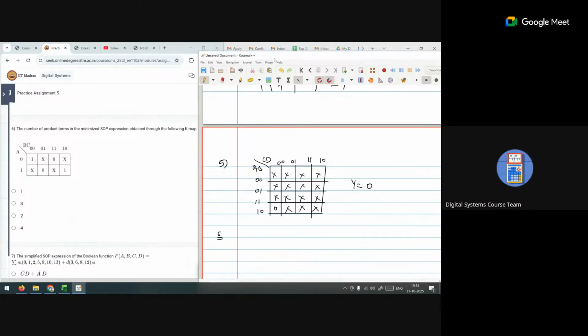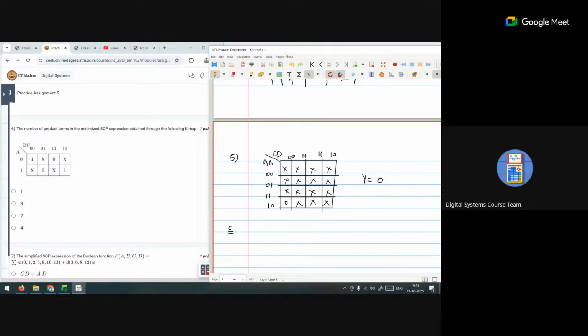The number of product terms in the maximum SOP form. It is don't care, 0, don't care, don't care, 0, don't care, 1.